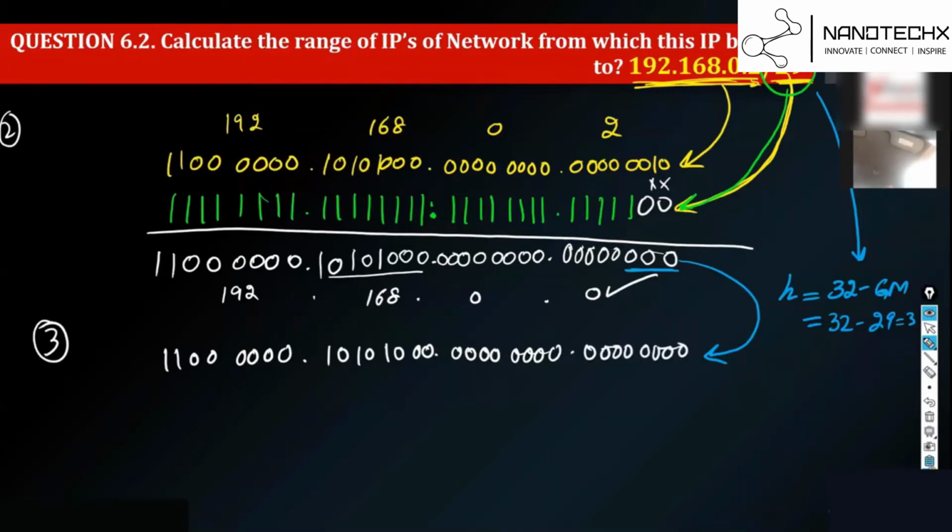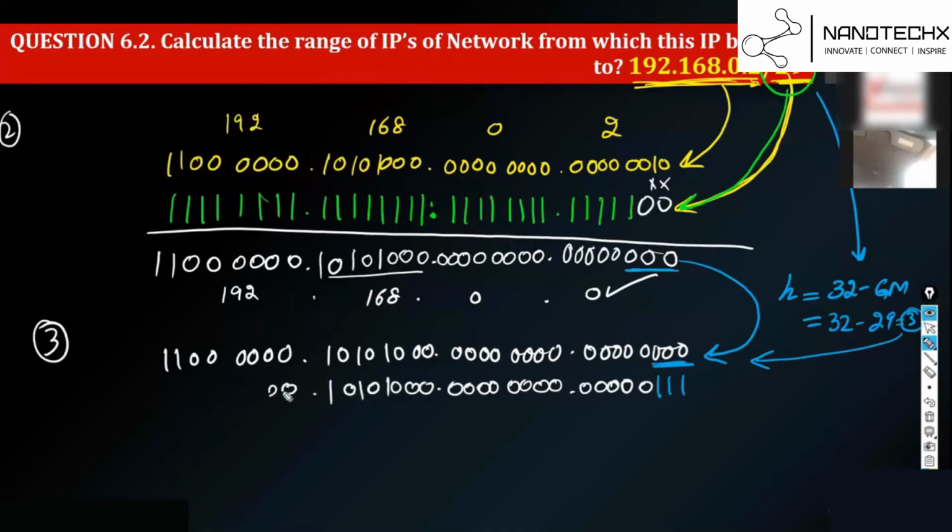So here we have to change these 3 bits because the value of H is 3. We make them 1, so 1, 1, 1, and remaining everything is the same. Let me write here in white color, giving them different colors so that you guys can understand easily. Everything else is the same.